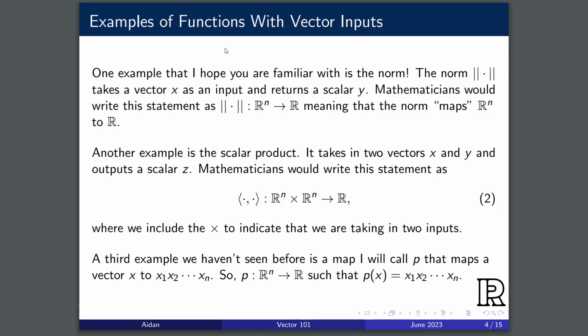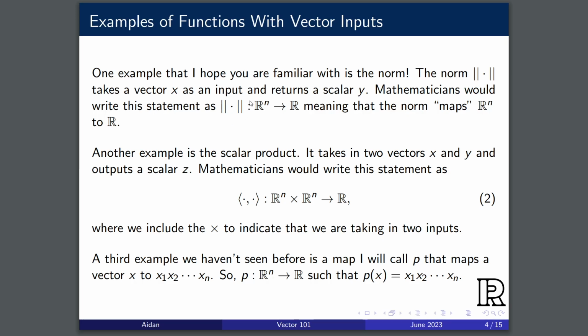Now, I've been dancing around how mathematicians actually write functions. We have the name of the function, which in this case is, can everyone see my mouse, by the way? Or is my mouse not sharing? Okay, thank you. So we have this norm function, where this dot is just a placeholder, because I don't want to put four bars right next to each other, so we put this little dot in the middle.